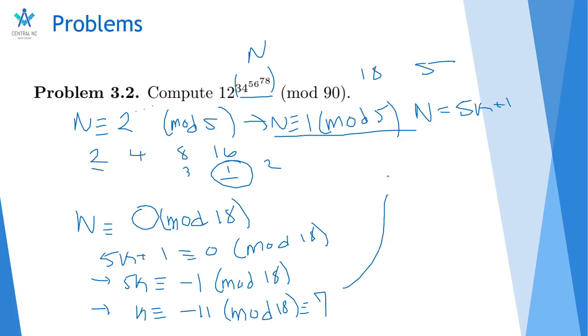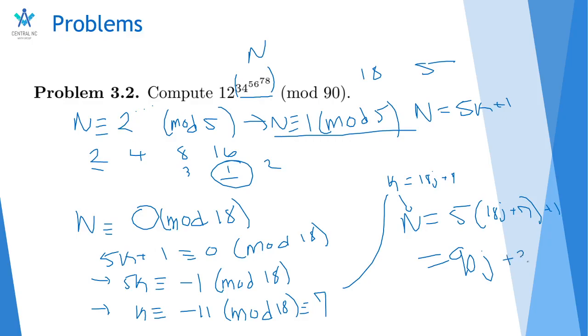We actually get k is equal to 18j plus 7 from here. And if we sub that back into the expression for n, we get n is equal to 5 times 18j plus 7 plus 1, which gives us that n is equal to 90j plus 35 from here, that plus an extra 1, so plus 36, which tells us that n is congruent to 36 mod 90.